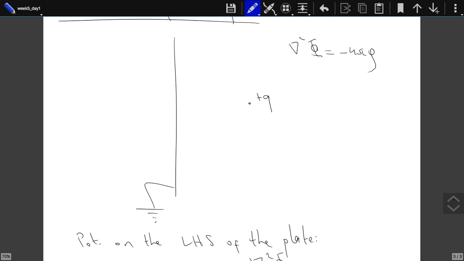I'm looking at the left-hand side only. What is the value of my potential on this boundary? 0. Well, this boundary alone doesn't cover my volume. I have to specify the value of my potential on the boundary of my volume everywhere. So the surface of my volume, one side is this one, the other one is at infinity.